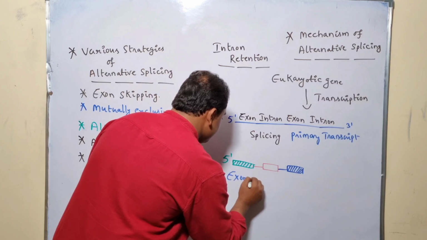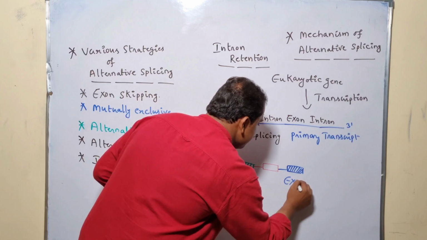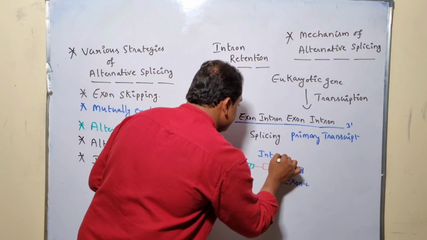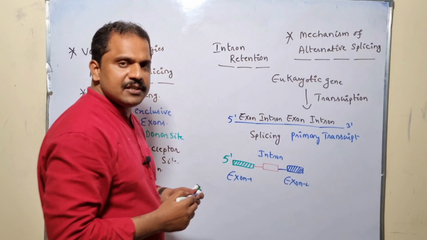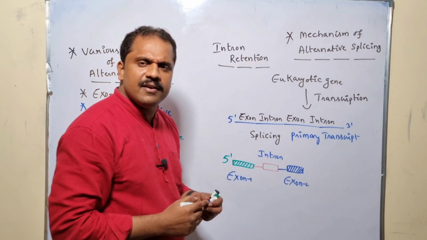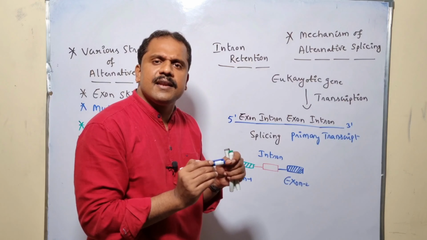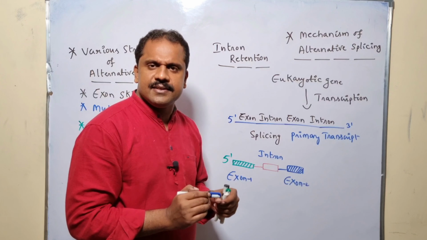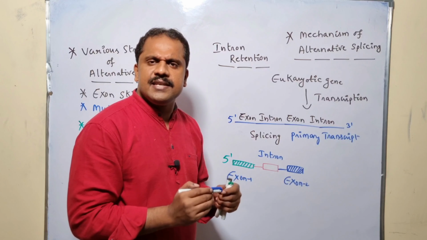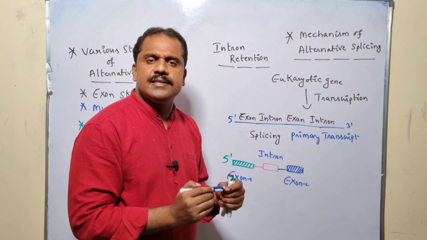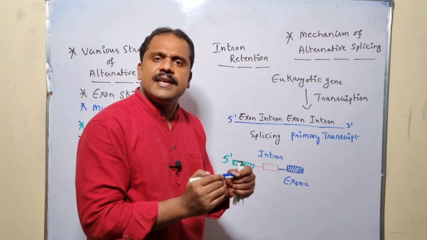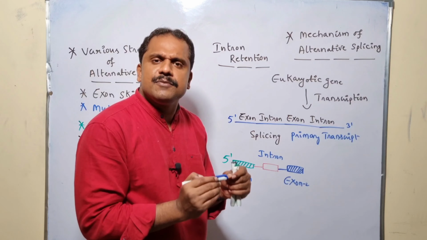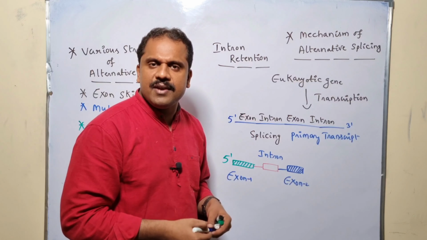Exon 1, and here it is nothing but exon 2, and here it is nothing but the intron. So here instead of undergoing splicing, the particular intron remains in association with the particular concerned exon here. So here it is nothing but what? Intron retention. So here all these are the various strategies of alternative splicing mechanism which is successfully organized in case of higher eukaryotes.